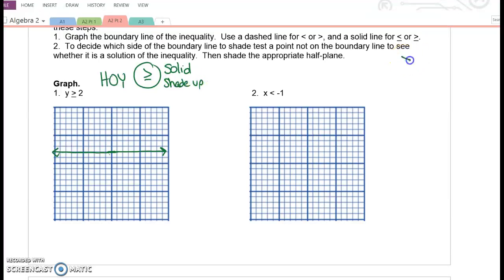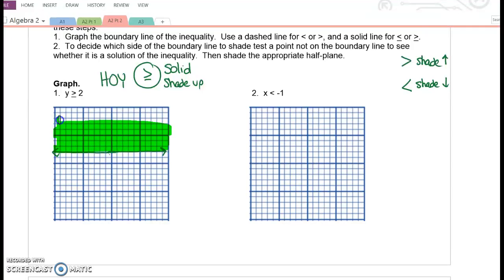So basically, greater than symbols, you shade up. Greater than or equal to, either of those. Less than symbols, you shade down. So in this one, we are going to shade up.